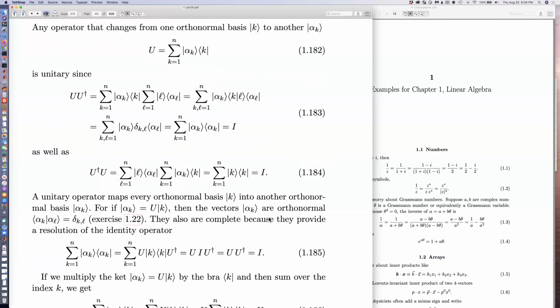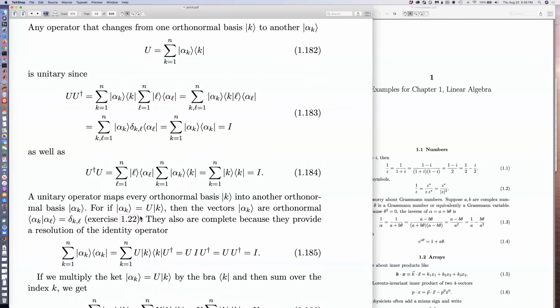So an operator that changes one orthonormal basis into another is automatically unitary, and moreover, a unitary operator maps every orthonormal basis into another orthonormal basis. Just to see that, suppose alpha k is the image of an orthonormal basis vector k under the operator U that's unitary, then the outer product of these looks like this.